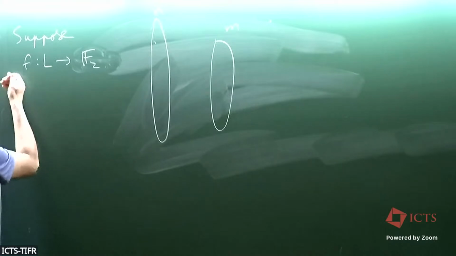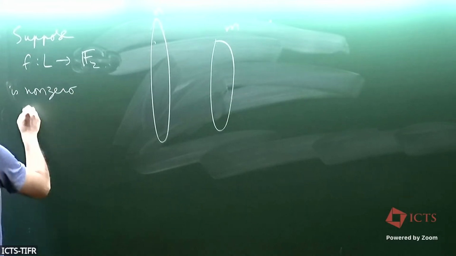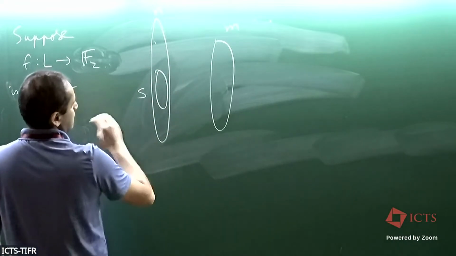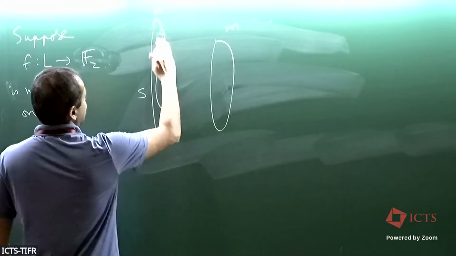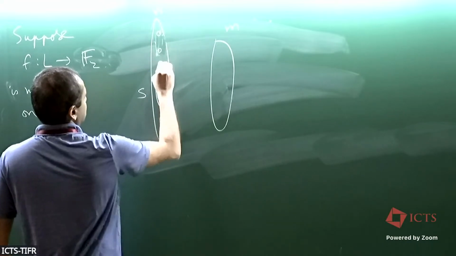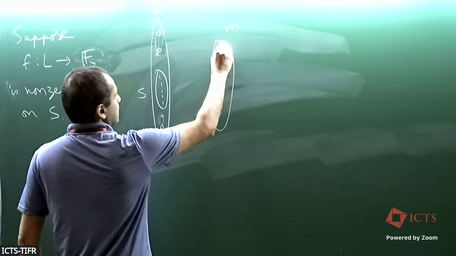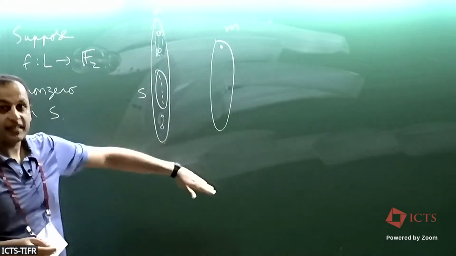Is non-zero on the set S. So this is the set S, and these are where the ones are, and everywhere else it's 0. Can you have such a set having all the constraints satisfied?